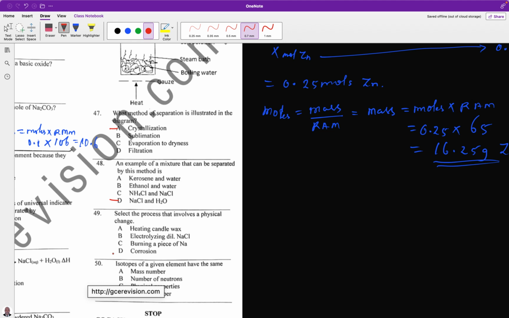Then heating candle wax will change a solid to a liquid. When a candle is heated, it changes state from solid to liquid, and in that case there is a physical change. So A is our right answer.